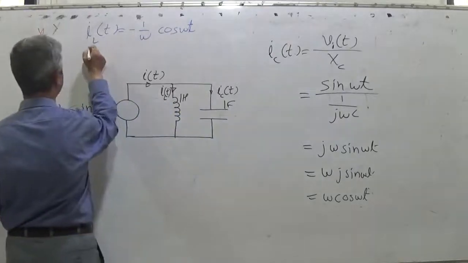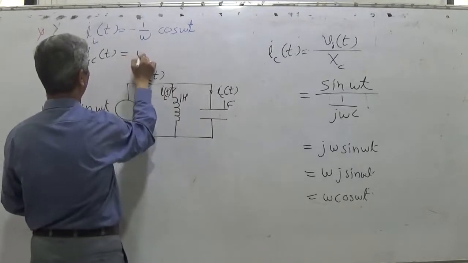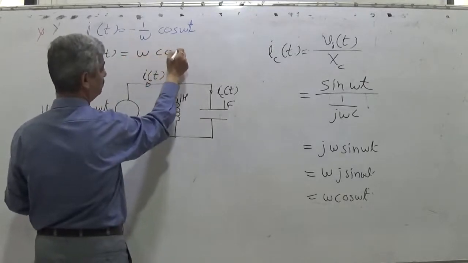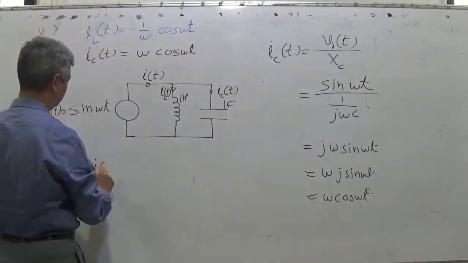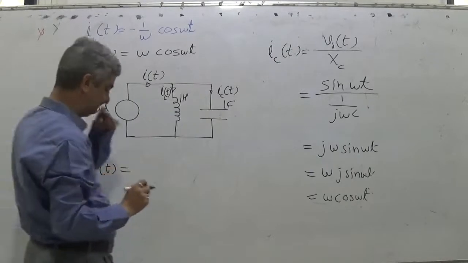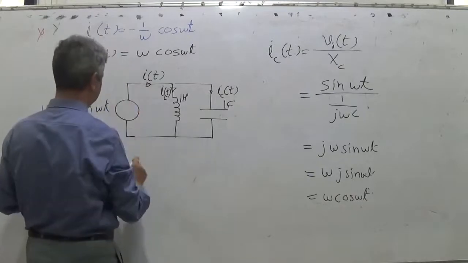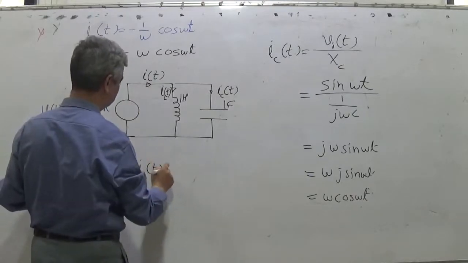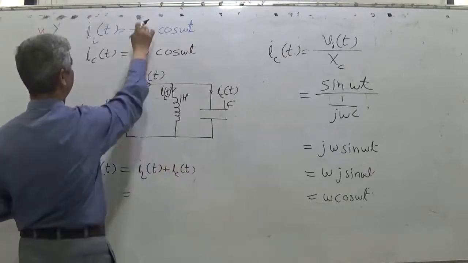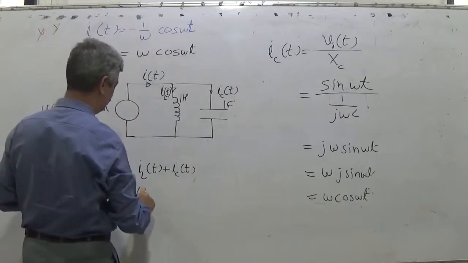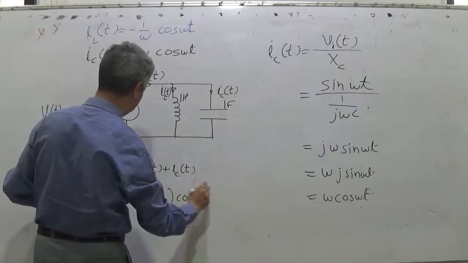So ICT, I am assuming this direction, is equal to omega cos omega T. What is IT? IT is ILT plus ICT, that is equal to this plus this. So IT is omega minus 1 upon omega cos omega T.